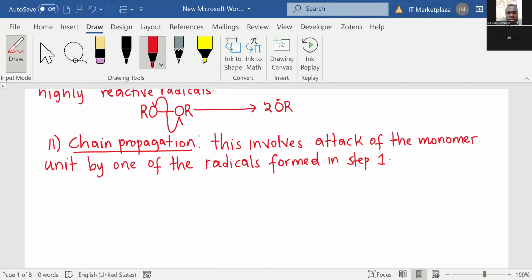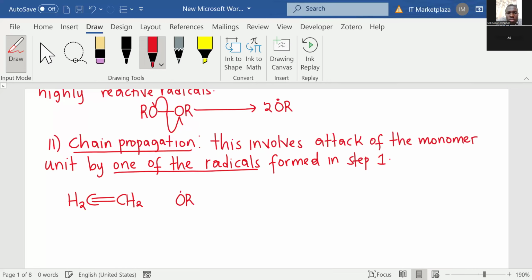How? Don't forget that our monomer unit in this case is ethene. That has that representation. So this is attacked by one of the radicals.